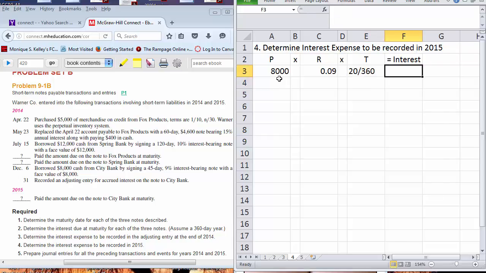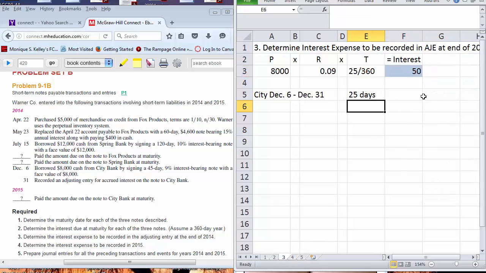Our amount would be 8,000 times the annual interest rate times the number of days in 2015 over 360, 20 divided by 360. Okay, and that gives us $40 in interest for 2015.